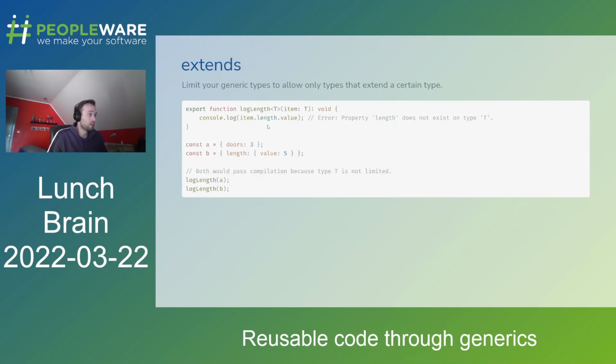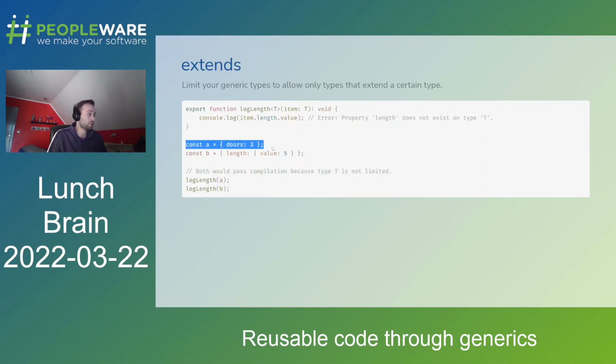So what we need is for our types to be this strict, to only allow items that implement this, because otherwise we would get a runtime issue telling us that we are trying to access the value property of the length property.